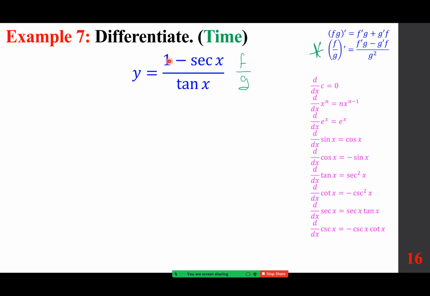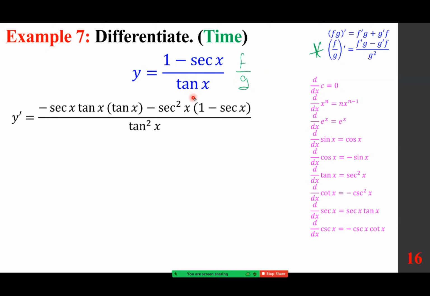So we want f prime: 1 is a constant, gives you 0, minus secant x. As you know, the derivative of secant x is secant x tan x. So minus secant x tan x times g, which is tan x, minus g prime. The derivative of tan is secant squared. So minus secant squared times the top, 1 minus secant x, over g squared, simply put tan squared x.